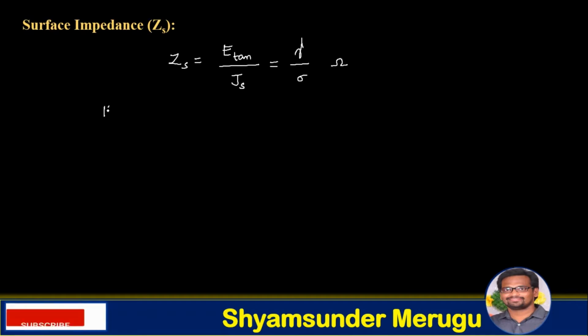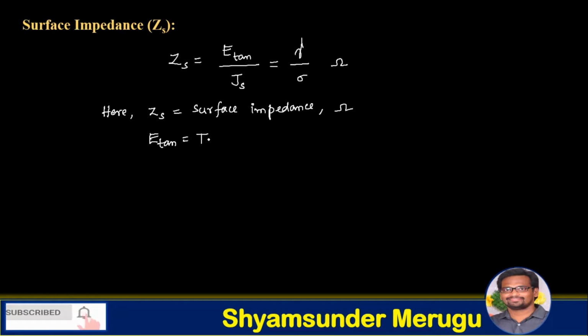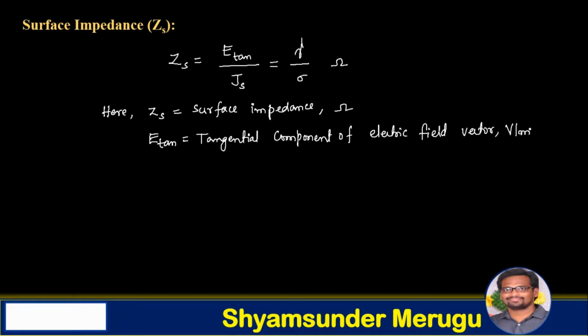Now let us write each term, where ZS is the surface impedance in ohms, E tan is the tangential component of the electric field vector, the units are volt per meter.